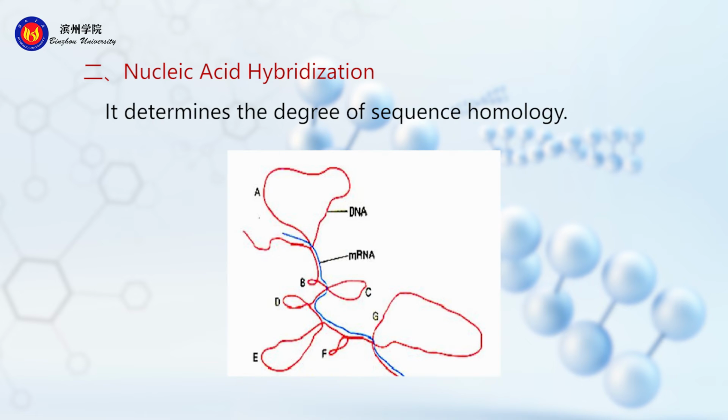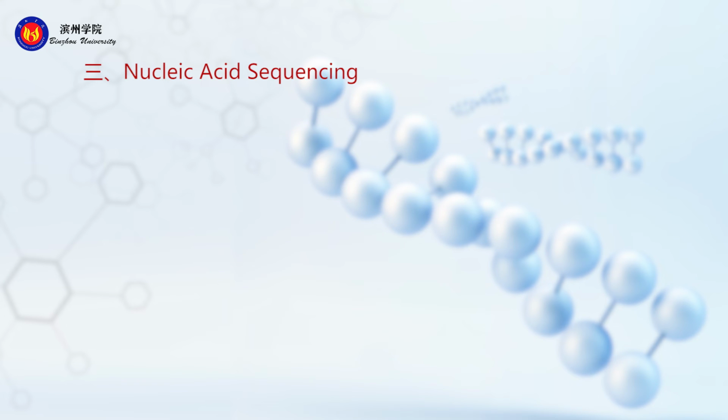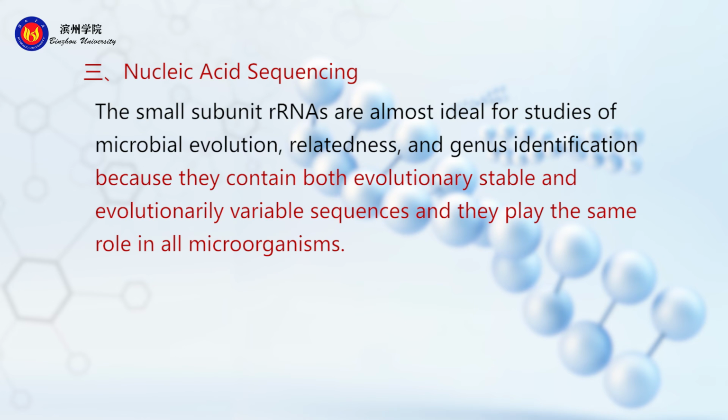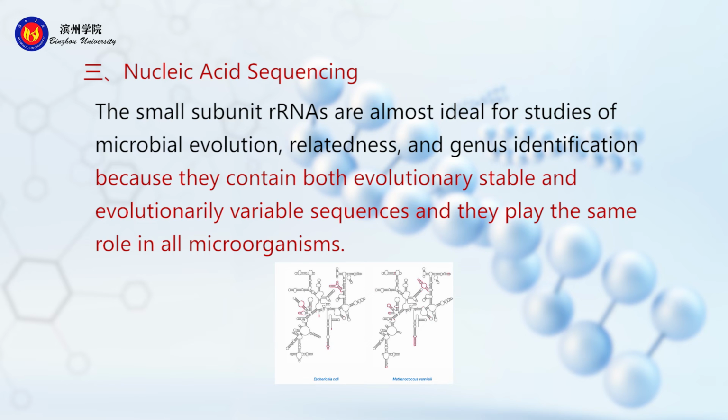It determines the degree of sequence homology. Thirdly, the nucleic acid sequencing. The small subunit RNAs are almost ideal for studies of microbial evolution, relatedness, and genus identification, because they contain both evolutionarily stable and evolutionarily variable sequences, and they play the same role in all microorganisms.